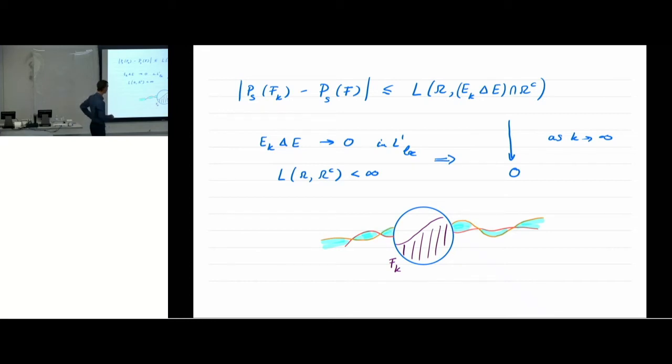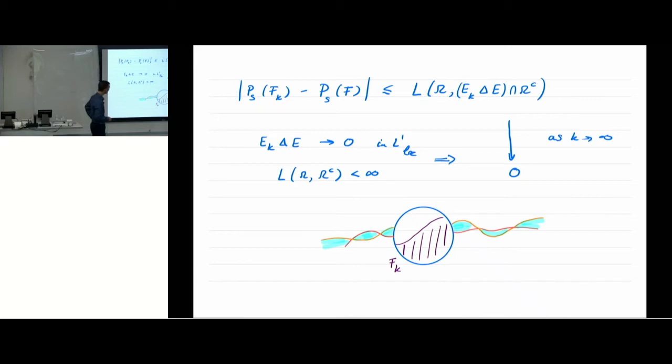While F_k has the data of E_k outside. Yeah? So let me leave as an exercise that when you look at this difference, it is always bounded by the contribution when one point is in omega, let's say x is in omega, and y is in the symmetric difference outside of omega.